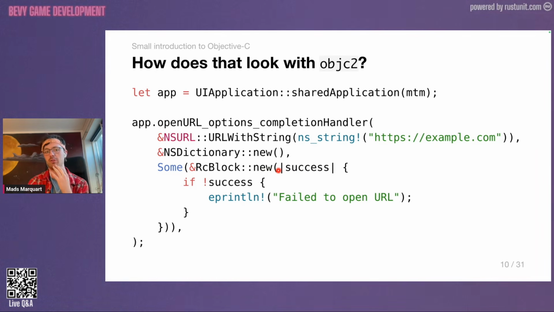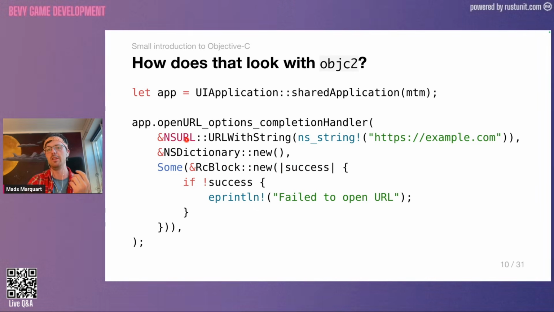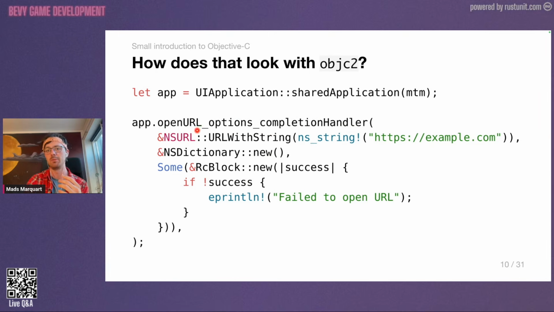Those are called blocks. It should be fairly obvious when you look at the signature. If you go onto docs.rs and look at the signature for this method, it should be fairly obvious how to call it, hopefully.